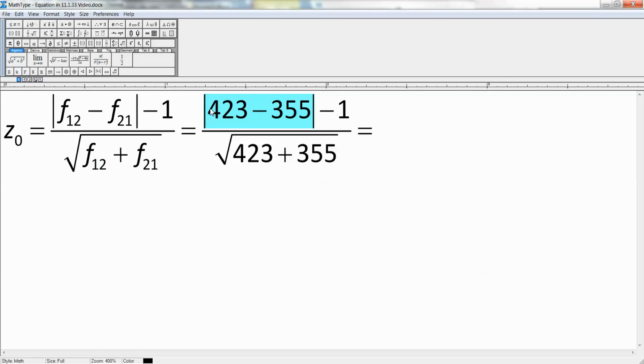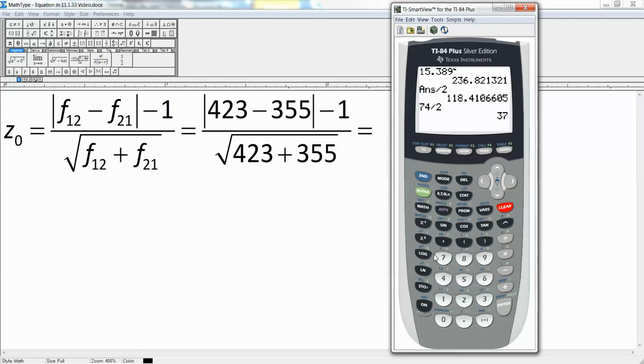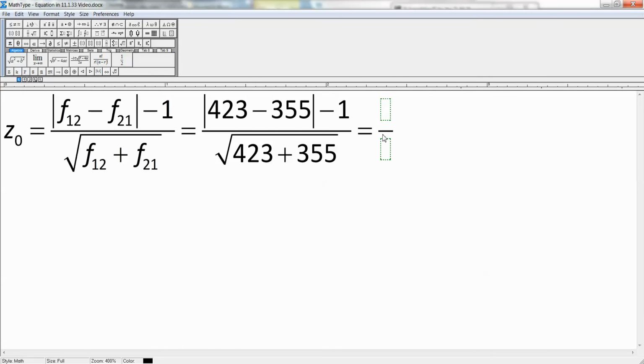This is just the absolute value, which means it's just going to be positive. So let's see here. If I take 423, take away 355, that's 68. 423 plus 355 is 778. So this is 68 take away 1 over the square root of 778.